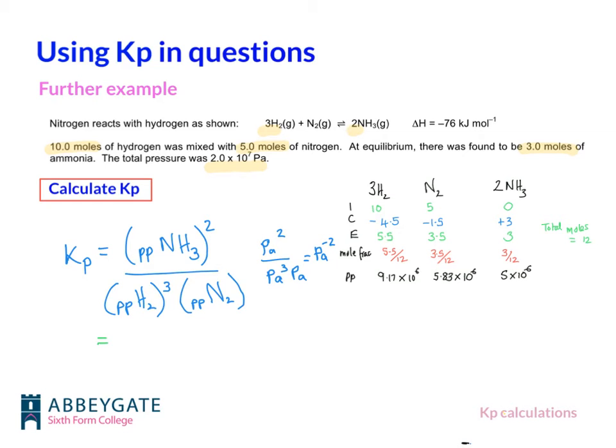So let's fill these values in. So we're going to put 5 times 10 to the 6 squared on the top. And we're going to divide that by 9.17 times 10 to the 6 cubed.